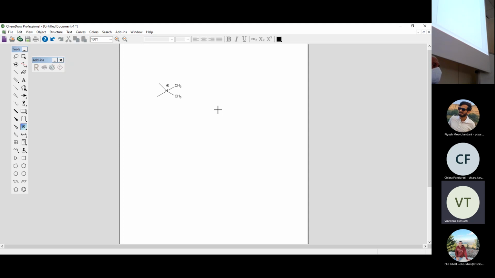But if injected directly inside the CNS, it is active. This means that this compound is able to interact with the opioid receptor.